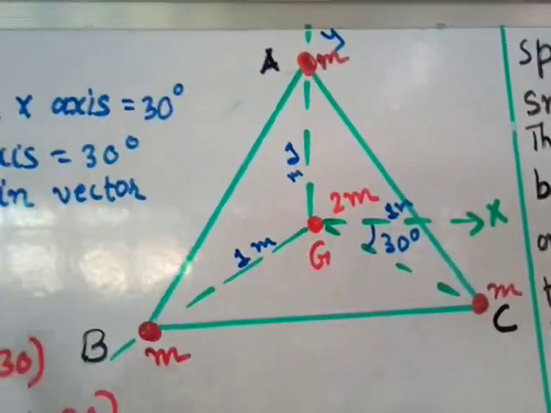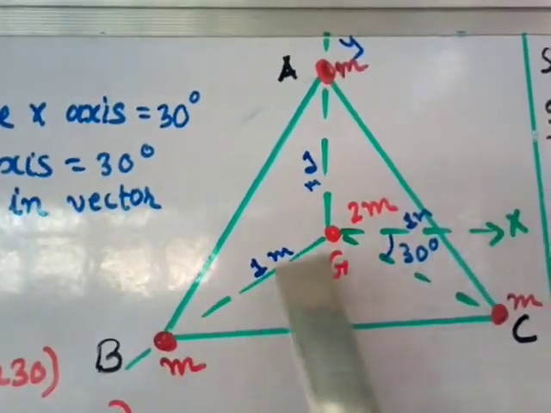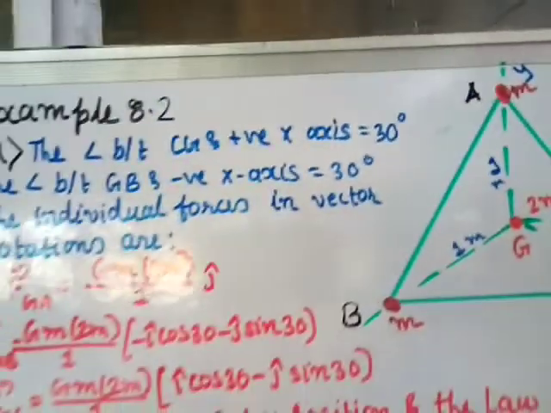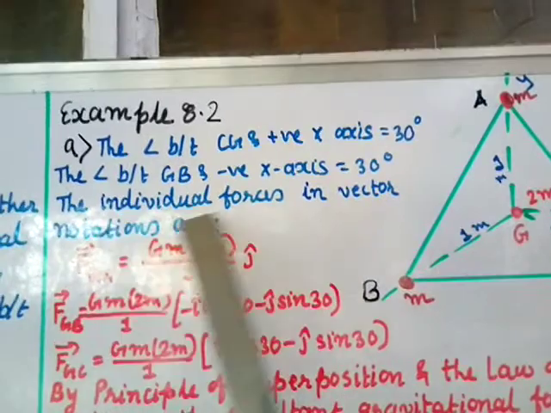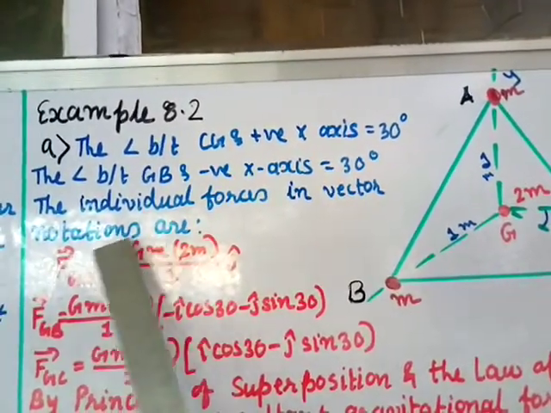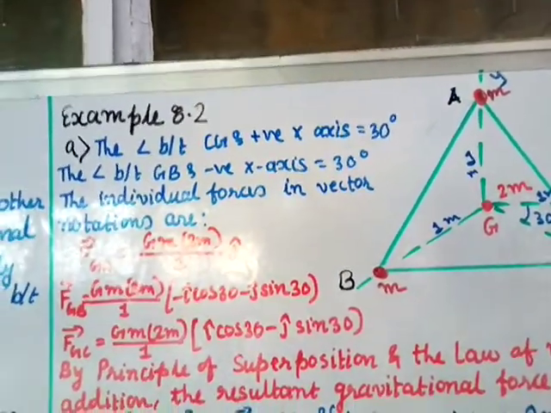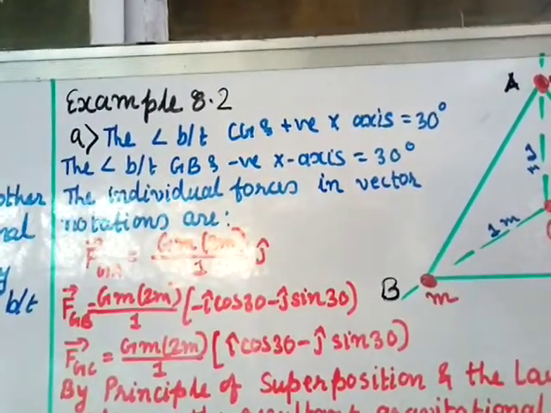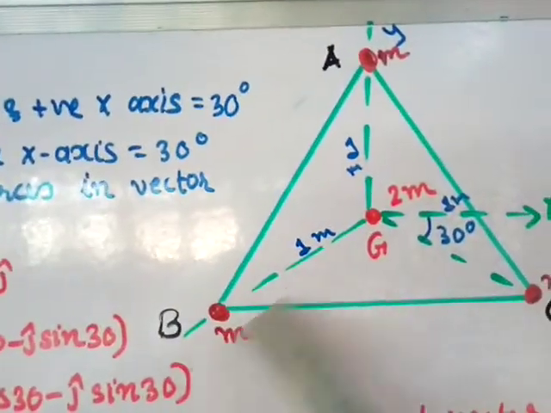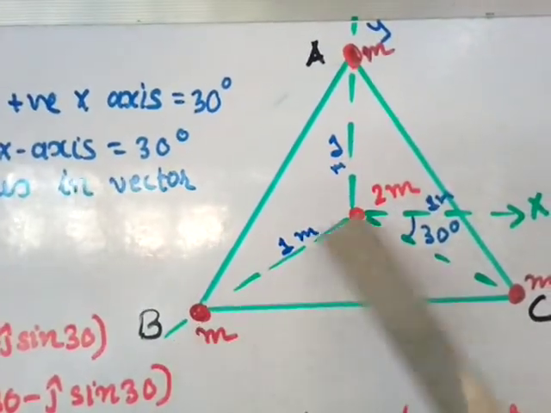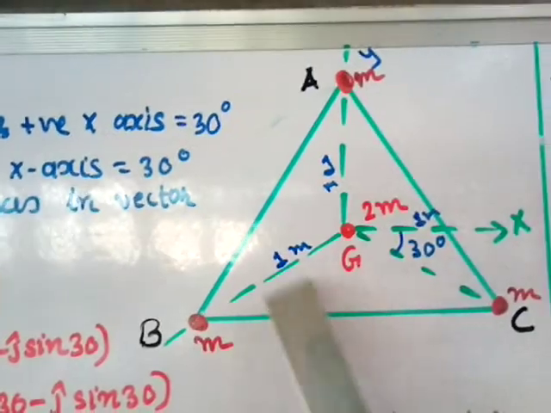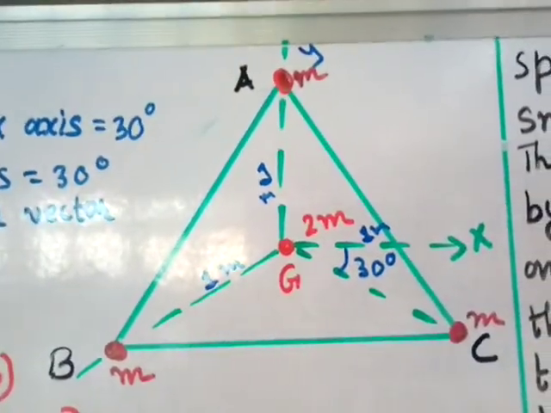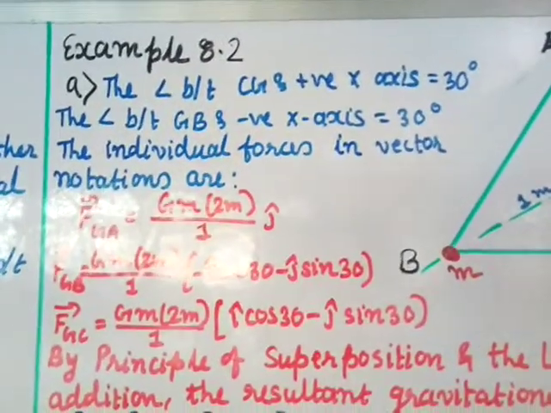The individual forces in vector notation: I am going to use the universal law of gravitation and apply it for each individual force, that is G to A, G to B and G to C. We shall write the individual forces first, and then find the sum total.